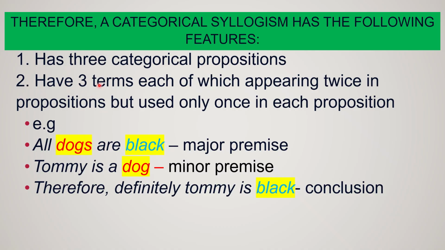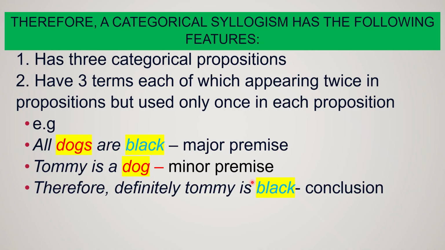And then we have three terms. In our argument, there are three terms that we are repeating: we have the word dog, black, and dog, and black here. So three terms are appearing, and each one is appearing twice. For example, if you look at the word dog and dog here, they appear twice, and the word black appears here and also here in the conclusion.